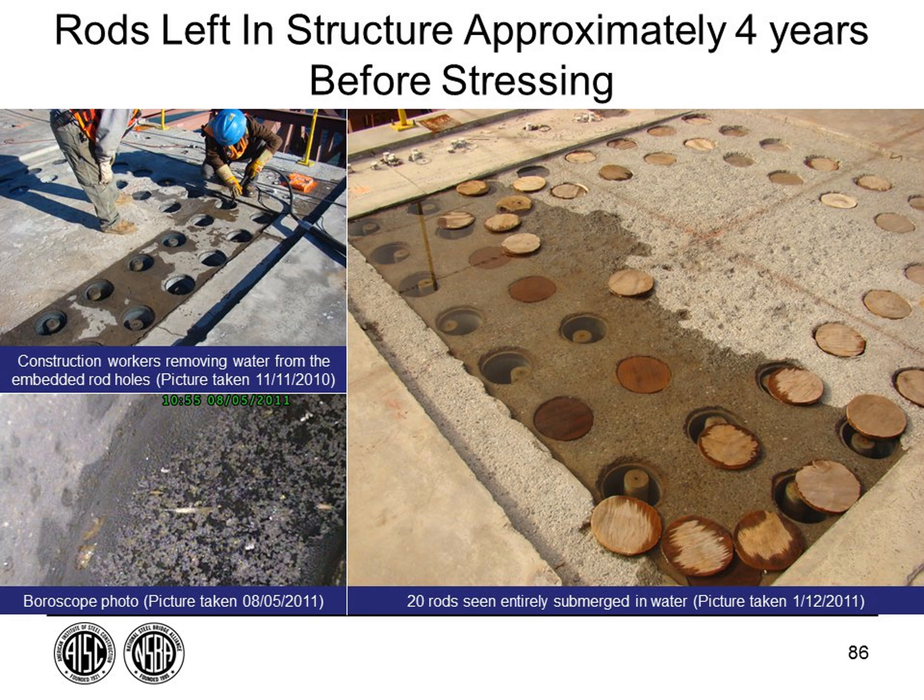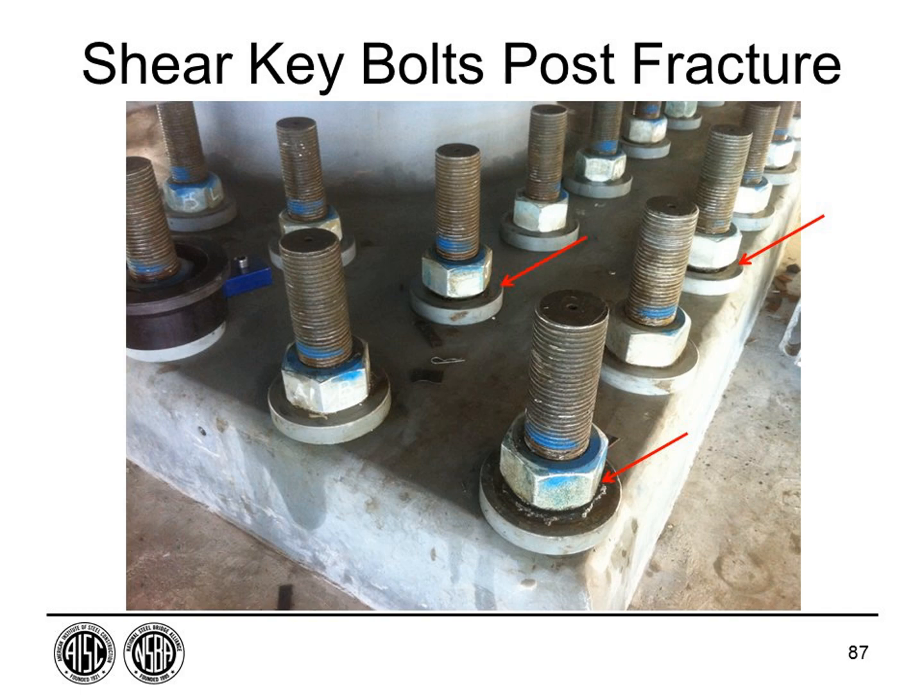The problem that occurred is that out there in the field, when they sat out there for a couple of years, water got in. This just shows the condition of the water, and you can actually see how wet it was. So these rods were sitting in water, and then they were stressed. After they were stressed and inspected, they noticed that these nuts came up from the washer.